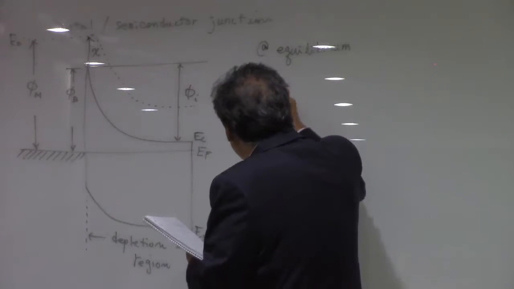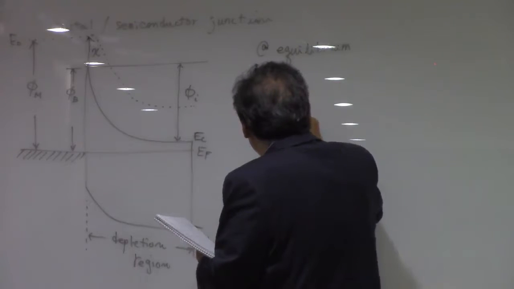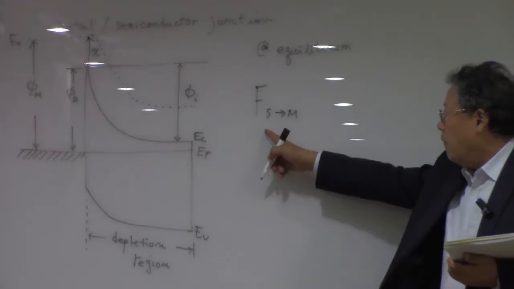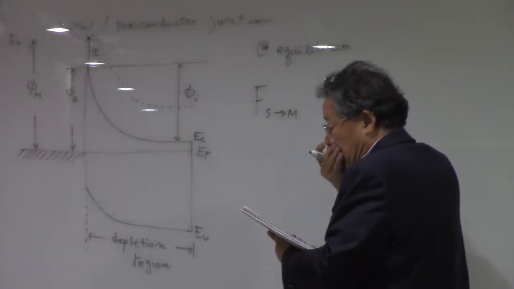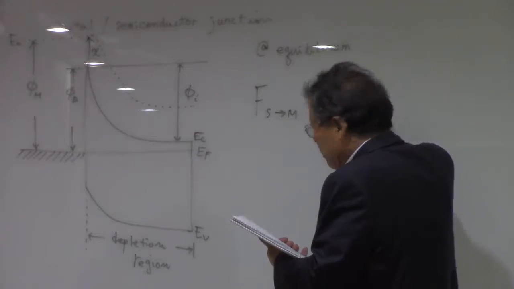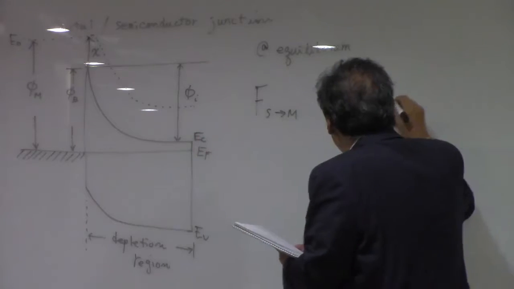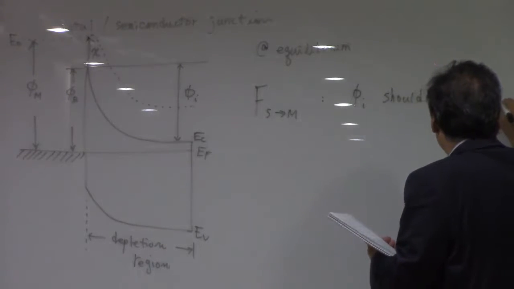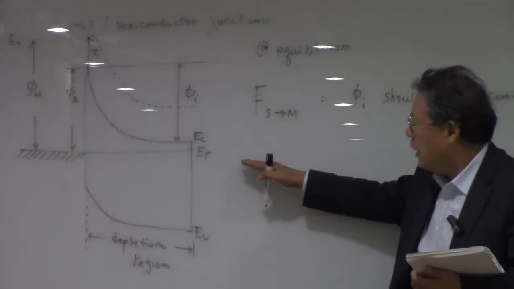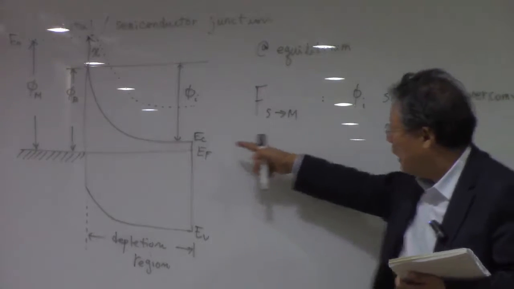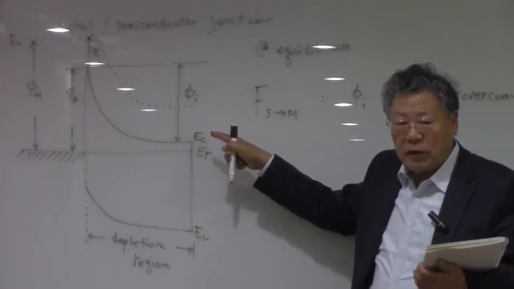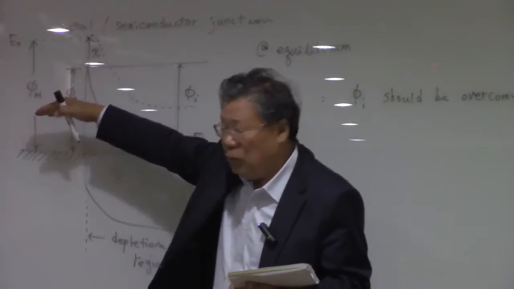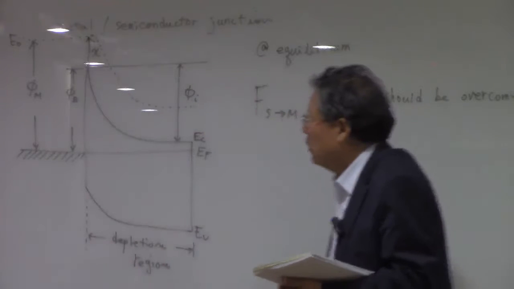To find this out, if you want to see the flux of electrons from semiconductor to metal, the electrons have to overcome phi I. Because the most energetic electrons in a semiconductor are the electrons at the conduction band that are free to move, and the built-in potential has to be overcome for the electrons to move to the metal, right?